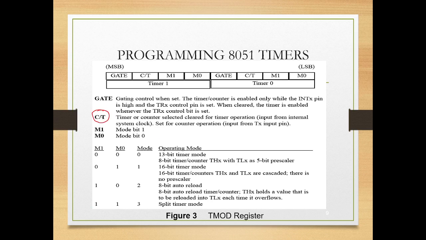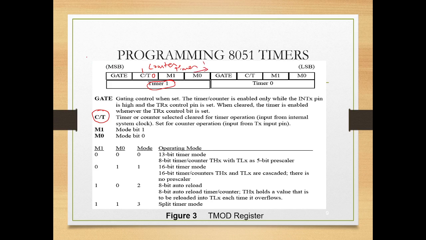If I put this bit as 1, then the entire timer 1 is taken as counter. Whereas if the bit is 0, then the entire timer 1 is taken as timer. So what is the difference between counter and timer?